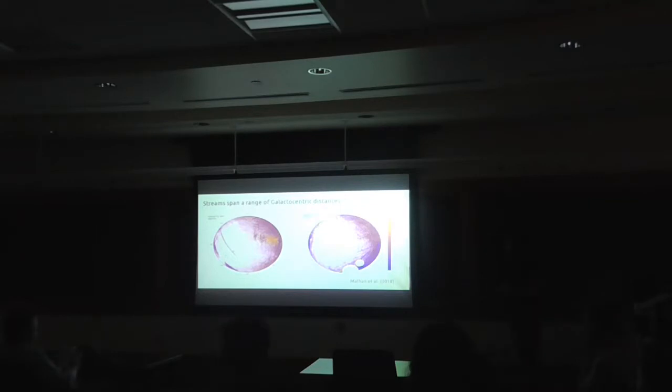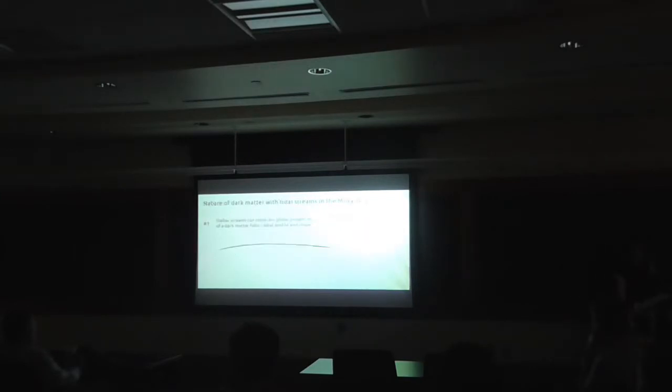And so what we're hoping these days is that we have this network of tracers that we can use to start measuring more non-parametrically what the distribution of matter is in the galaxy, and then combine information from all of these streams into one single consistent picture.